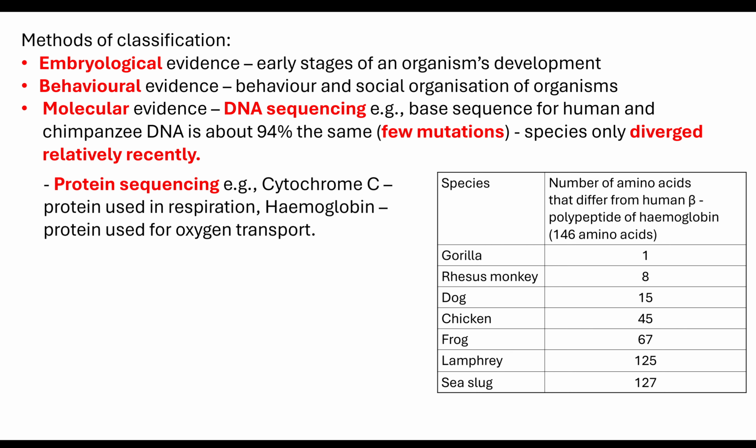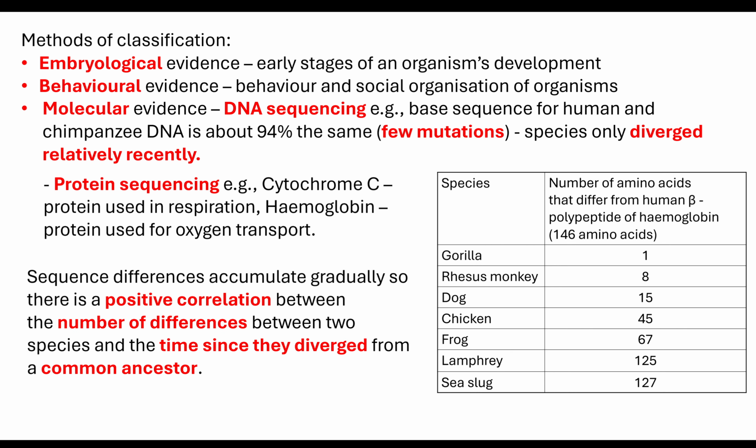So what we can see here is that the more differences there are within the amino acid sequence, the more mutations there will be within that DNA sequence. So this accumulation of sequence differences is showing us a positive correlation between the number of differences between two species and the time since they diverged from a common ancestor.